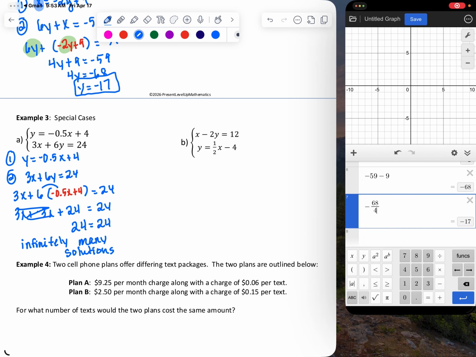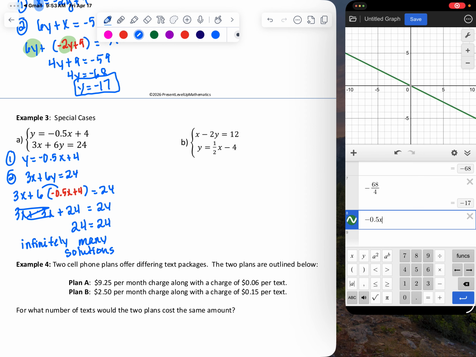So let me create a graph here. Our top equation was negative 0.5x plus 4. So there's our first line. It's in green. Now, watch what happens when I graph the second line. 3x plus 6y equals 24.